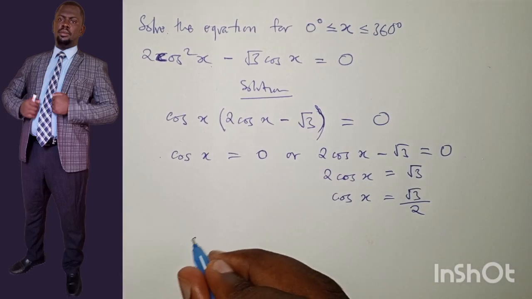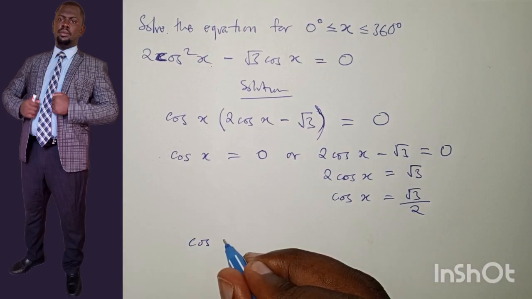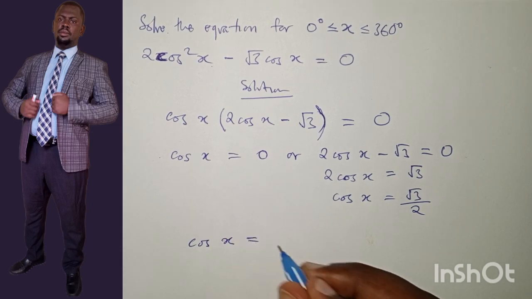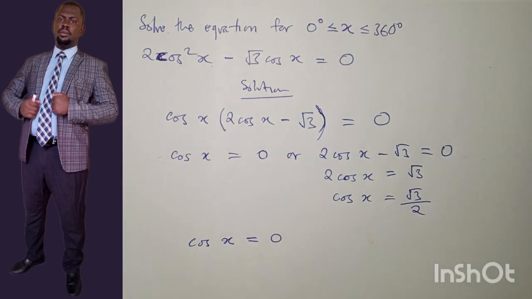Now this is a trigonometric equation. So what you do with trigonometric equations, the first thing to look for is to find the angle in the first quadrant. Okay, so we have cos x is equal to 0.